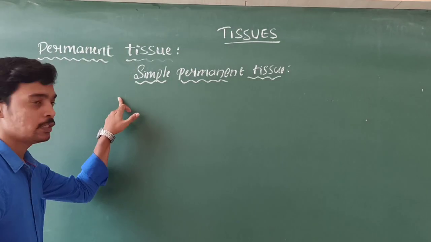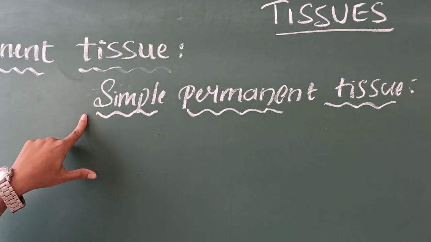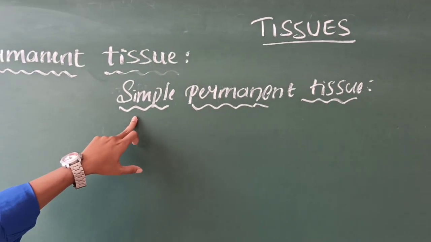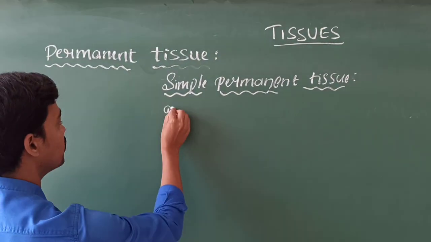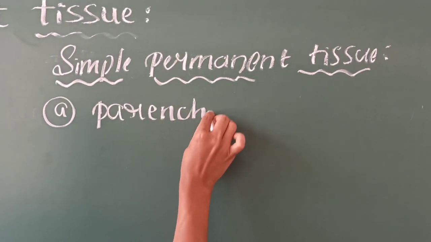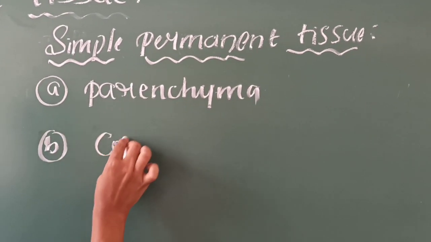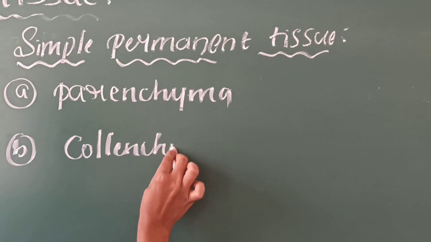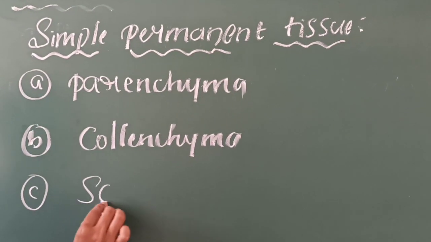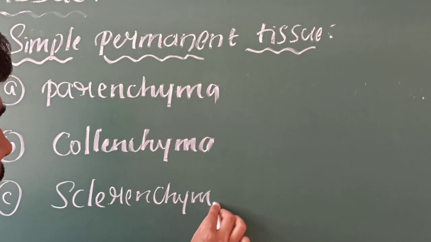The next concept is simple permanent tissue. The permanent tissue is broadly classified into two types: the simple permanent tissue and complex permanent tissue. In that, the first one is simple permanent tissue. Again, in simple permanent tissue there are three types. The first one is parenchyma, the second one is collenchyma, and the third one is sclerenchyma.